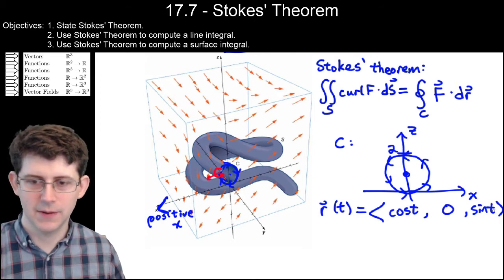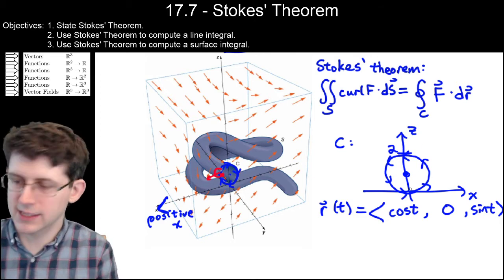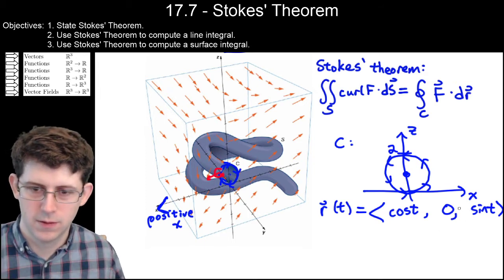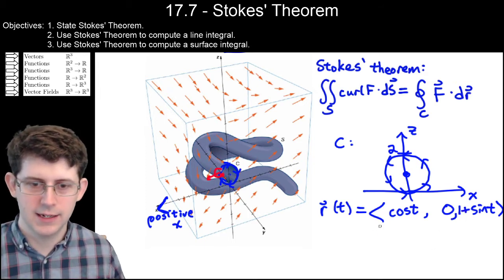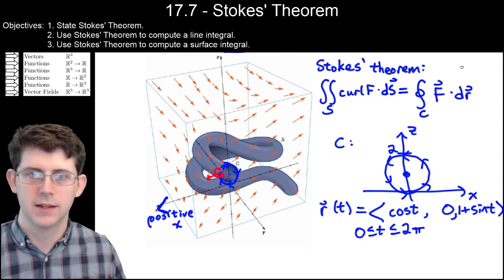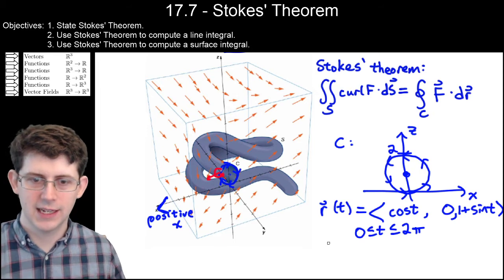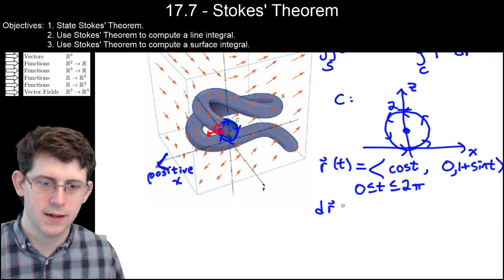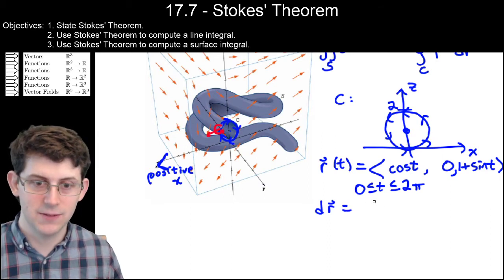And then, wait, it's up by 1, so z is 1 higher. And t goes all the way from 0 to 2 pi. So I'll do this integral using this parameterization. So what's dr? dr is the derivative of this vector valued function, dt.